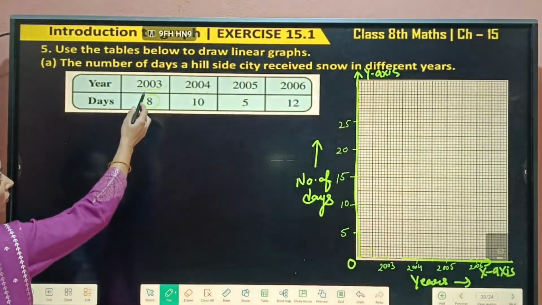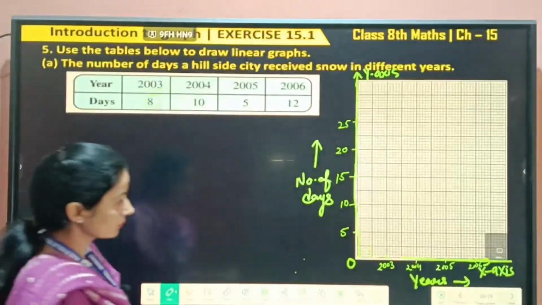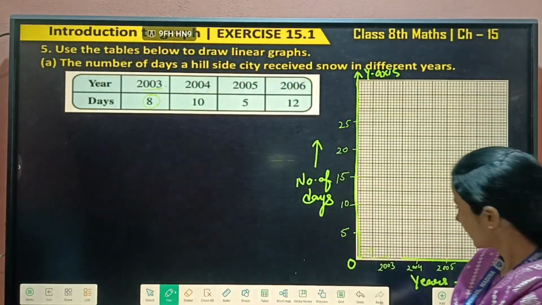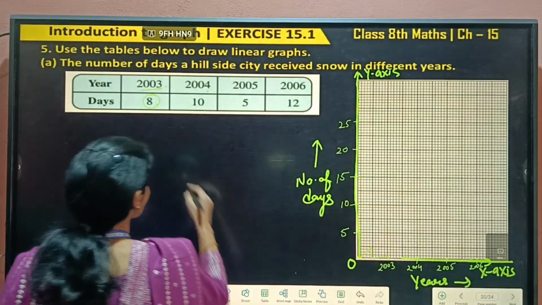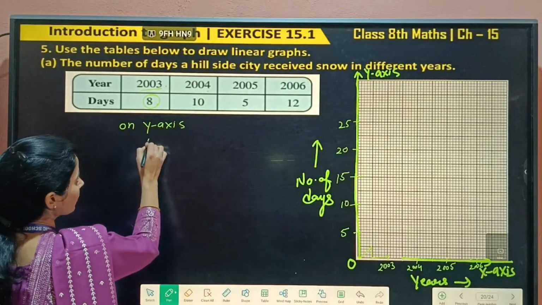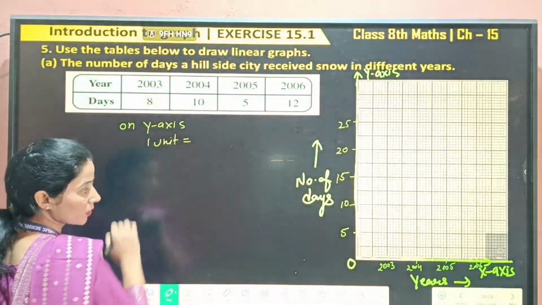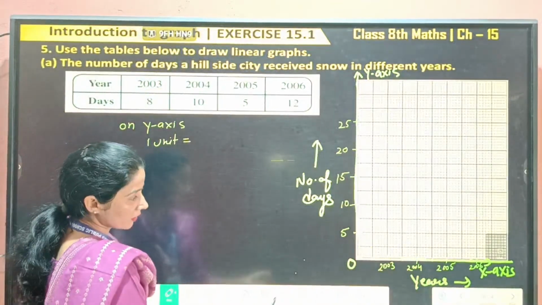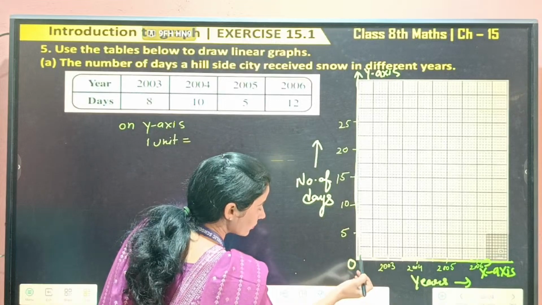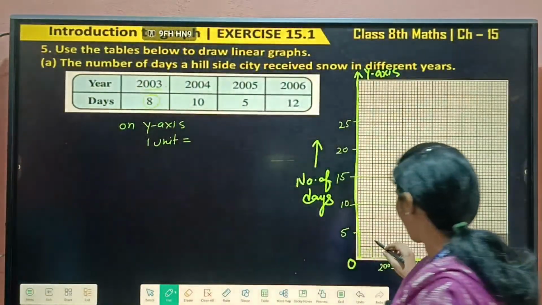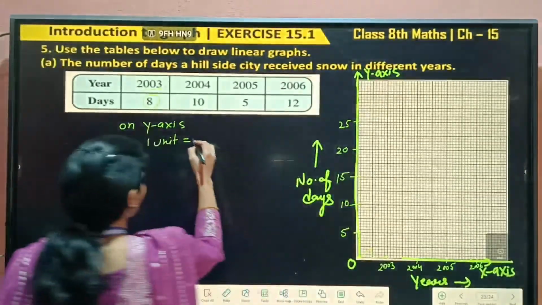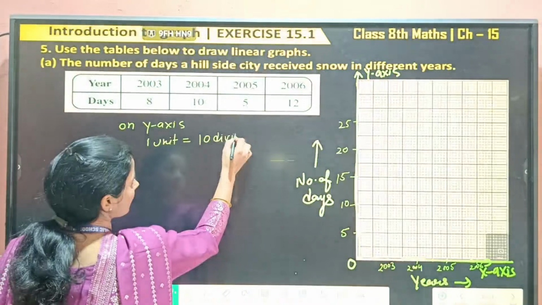Now in 2003 the number of days is 8. This is 2003. Let us find out the scale. On the y-axis 1 unit equals these are 10, 1, 2, 3. There are 5 divisions in between, so from there to there are 10 divisions. 1 unit is equal to 10 divisions.